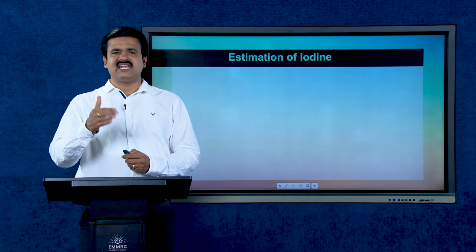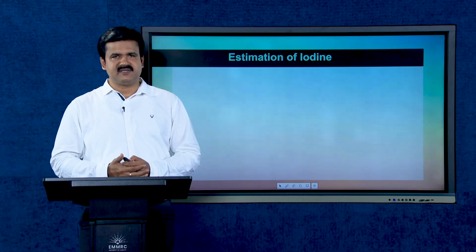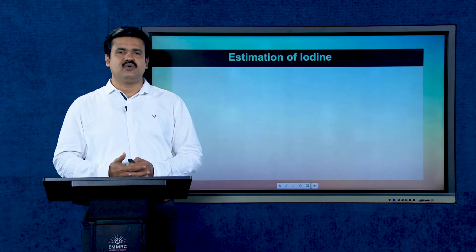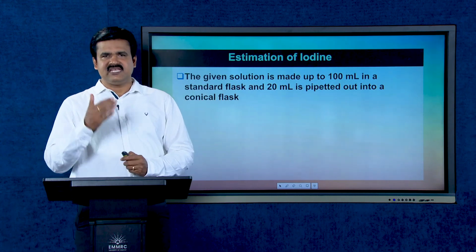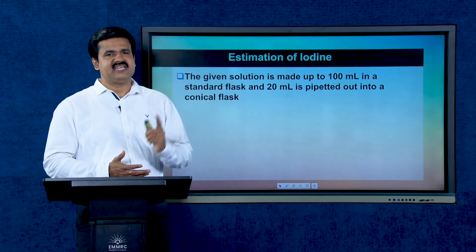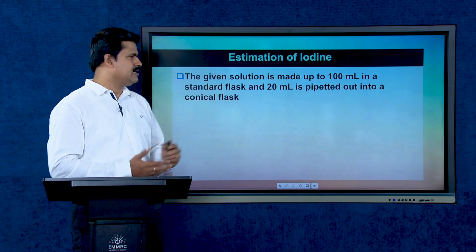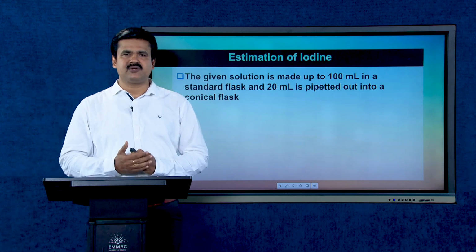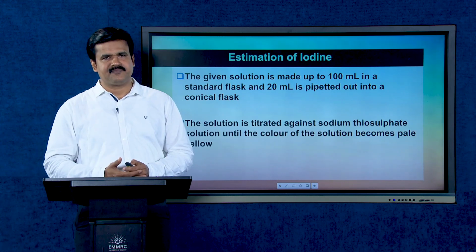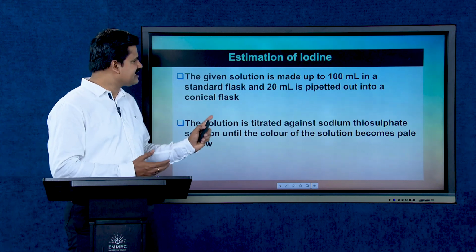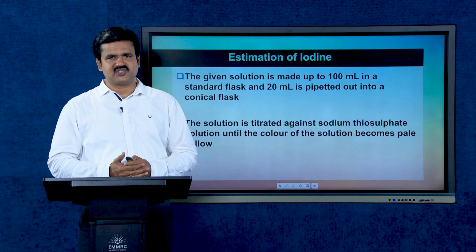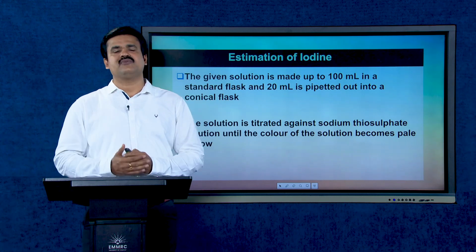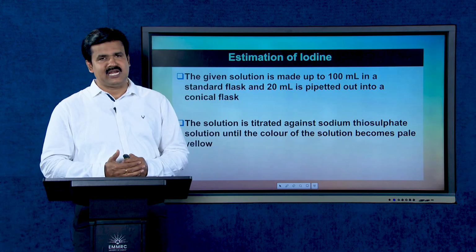Now, we are entering into the last part of the experiment, that is estimation of iodine. The given iodine solution is made up to 100 ml in a standard flask and 20 ml is pipetted out into a clean conical flask. The solution is titrated against standardized sodium thiosulfate solution until the color of the solution becomes pale yellow.